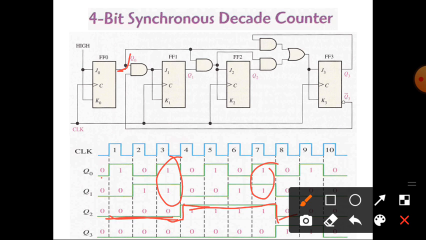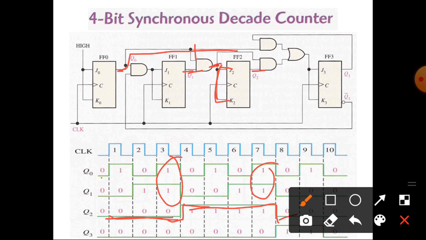Here this is Q0 and this is Q1. Then when both inputs are 1, the output of the AND gate is given to J2 and K2. So based on this AND gate output, J2 and K2 change the state of Q2.